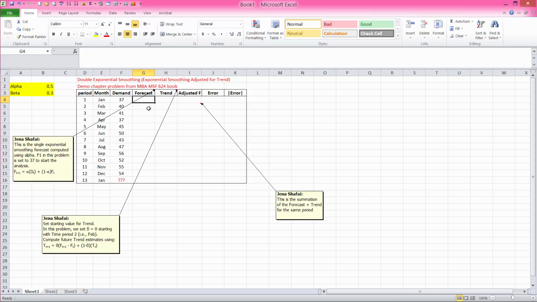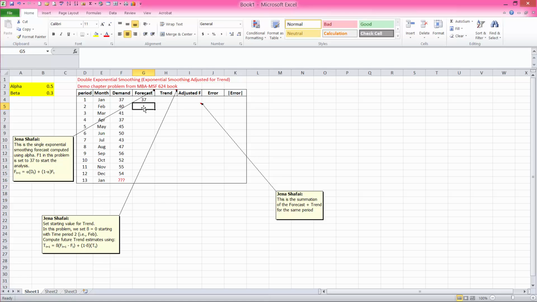To start off our analysis, we need a starting forecast. In this chapter problem that I'm demonstrating, the value for demand is used as the forecast value. The next forecast and all future forecasts are computed using this equation.